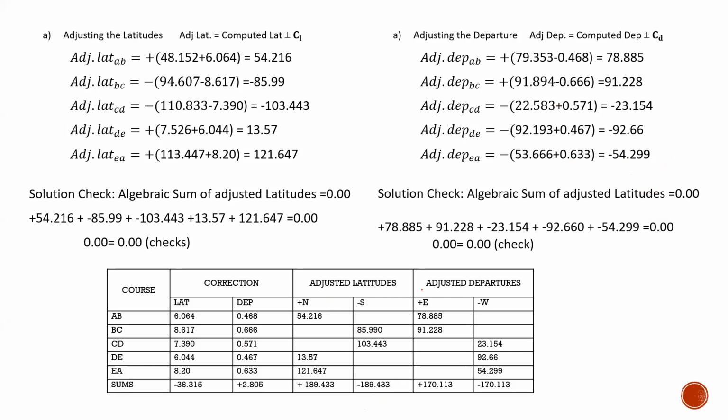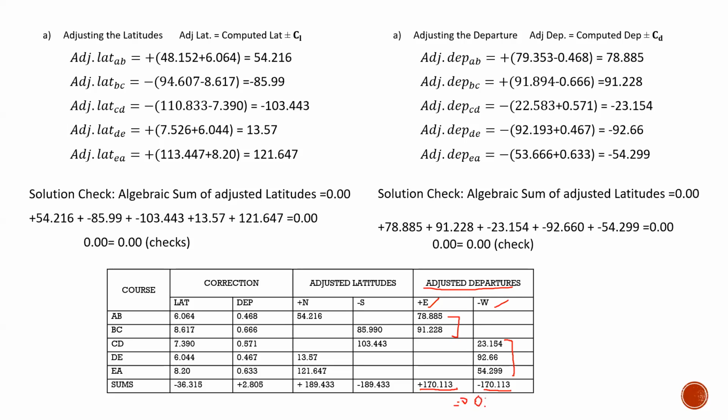Same rin sa departure, lagay natin yung para sa east and yung para sa west. And add natin siya at pag inad natin siya, itong dalawa, that is equal to 170.113 meter. And pag inad natin yung west, that is equal to negative 170.113 meter. Same magnitude, different sign, and if you add that, mag-i-equal yan sa 0.